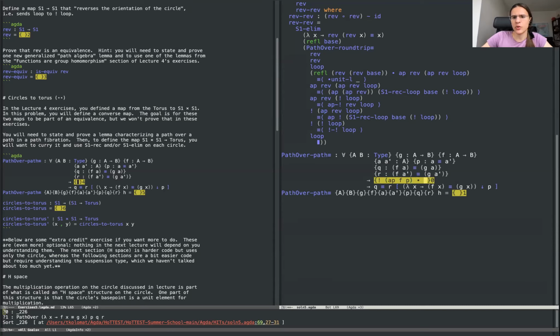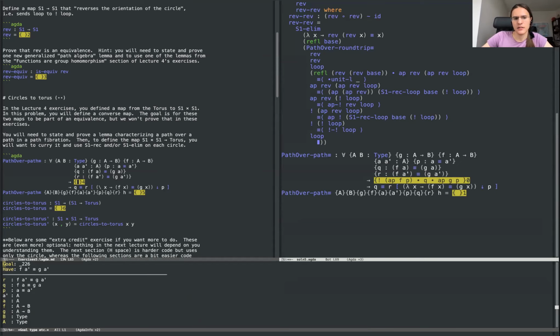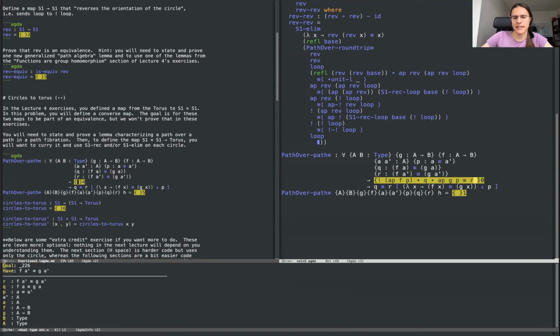Then you do q, then you do app g of p. And so this is something that has the potential to equal r, because they're in the same type.